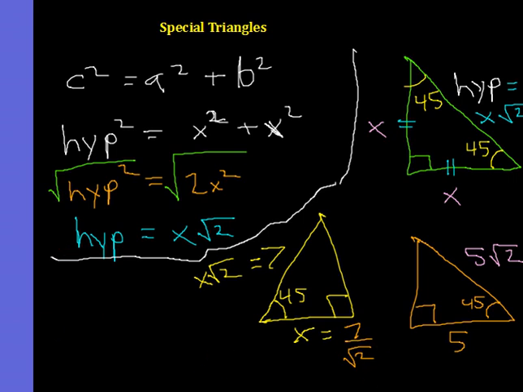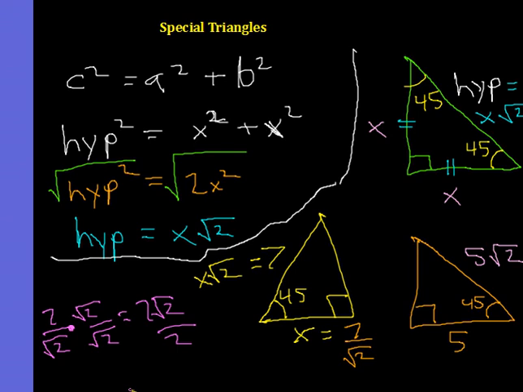We'd still like to know that there's another version of that. We can rationalize the denominator by multiplying the top and the bottom by root 2. And if we do that, we end up getting 7 root 2 over 2. So I just wanted to remind you that may come into play as we work on trigonometry using special triangles.